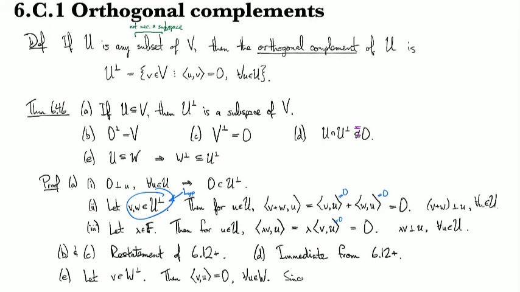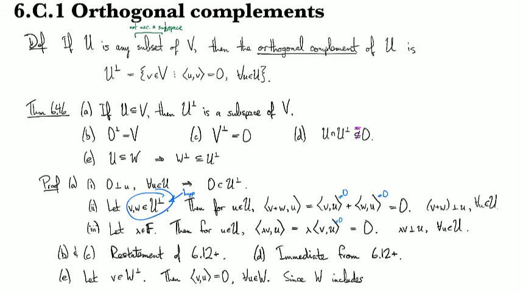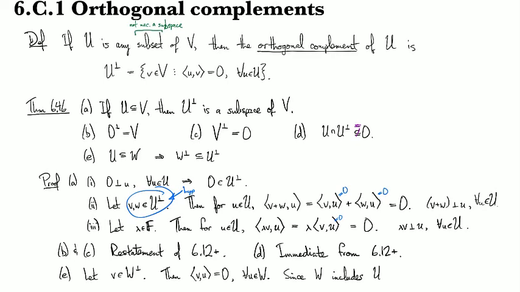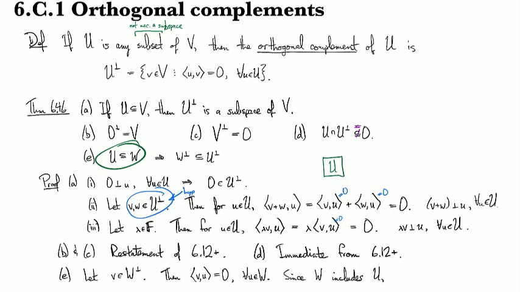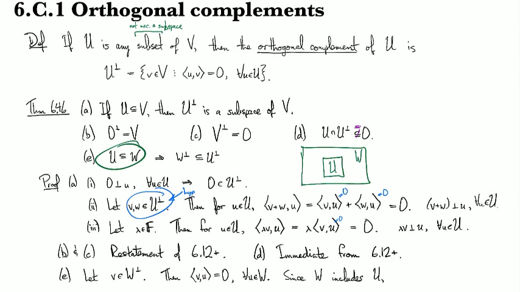And since W includes U, right? So our initial assumption right here was that here's the vector space U, sitting inside some larger or equal vector space W, right?